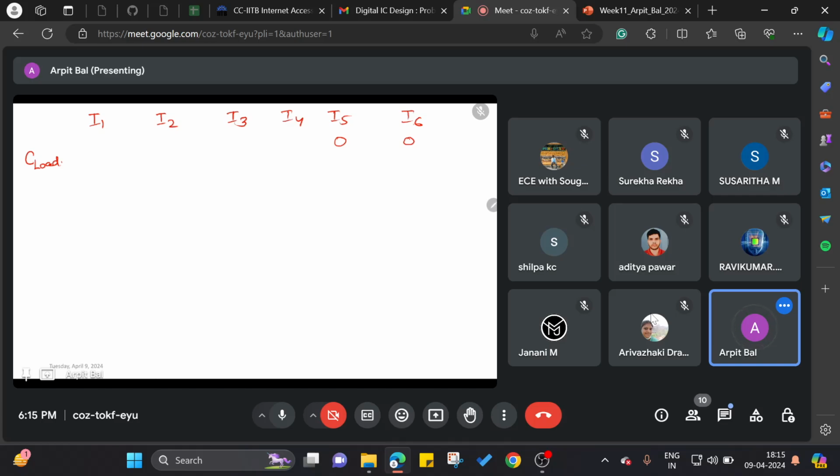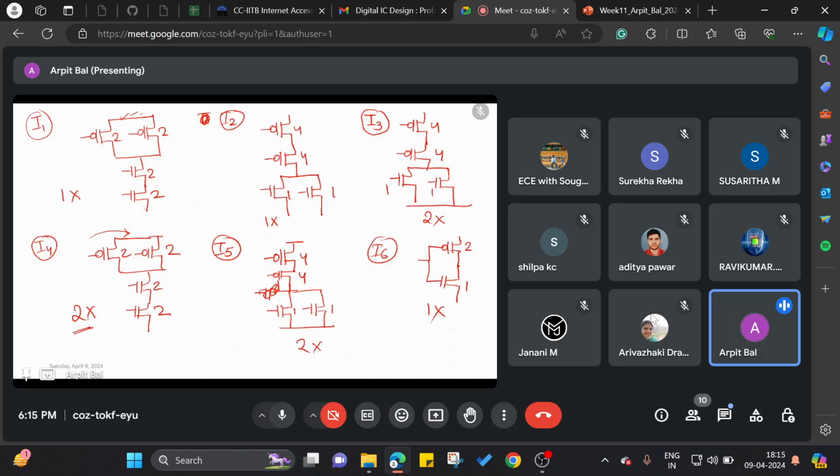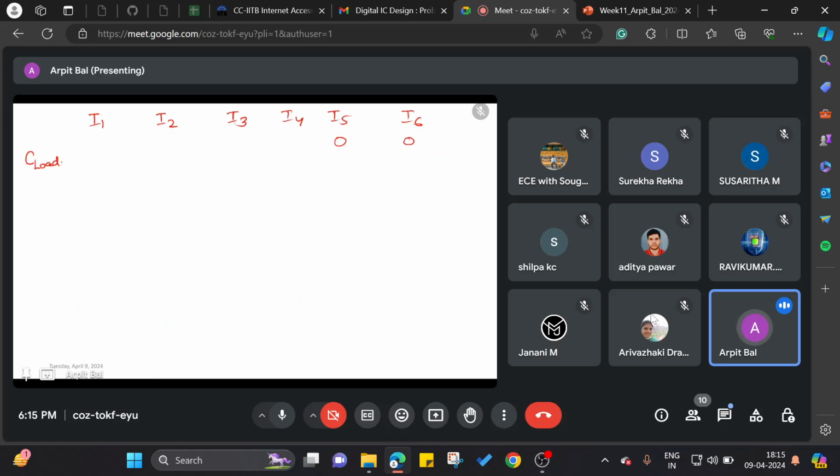Can someone tell me what will be I1? See where I1 is connected. This node is connected to which gates? I3 and I4. Correct? So from these images, what will be C load for I1?